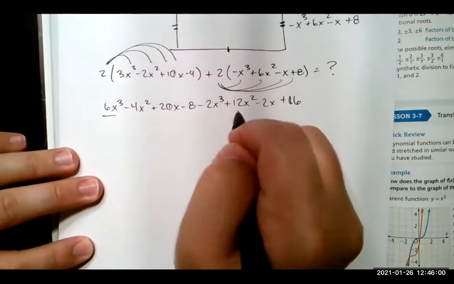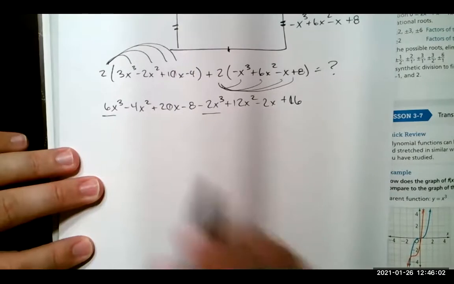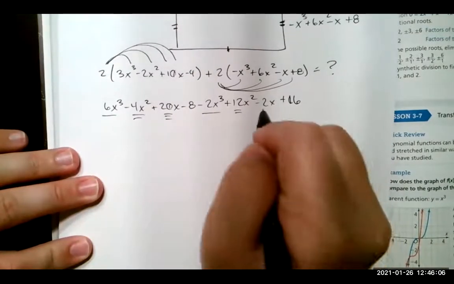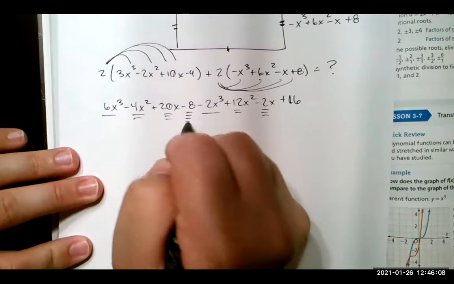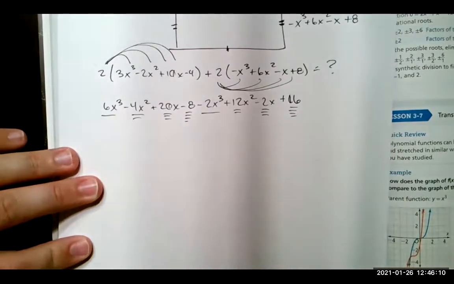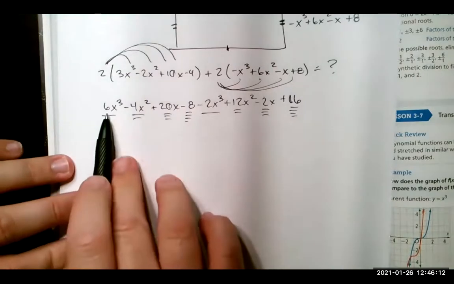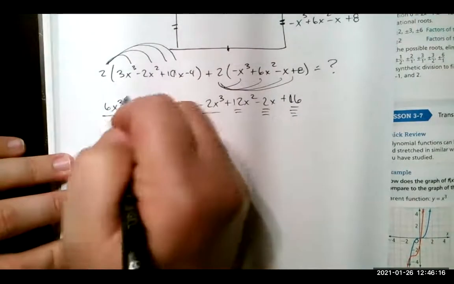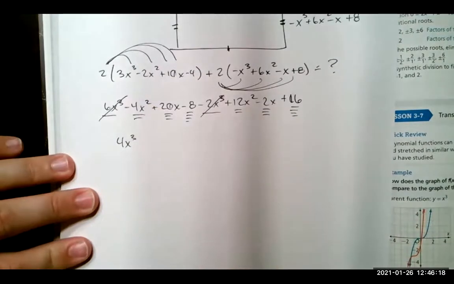I've got like terms here, so I want to add all my x cubes together. I want to add all my x squareds together. I'll add all my x's together. And then if I have any constants, which it looks like I do, I'll add them together. 6x cubed minus 2x cubed, that's 4x cubed. So I took care of those. I like to cross those out just so I know that I've taken care of them.